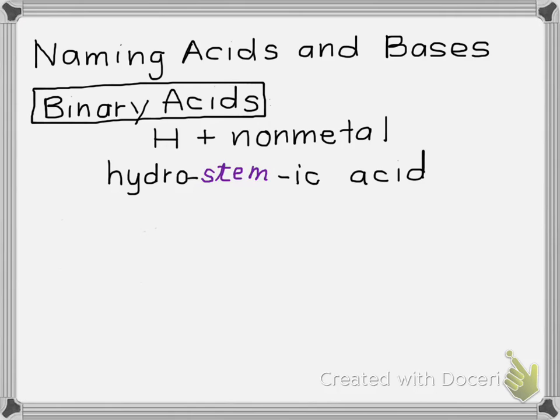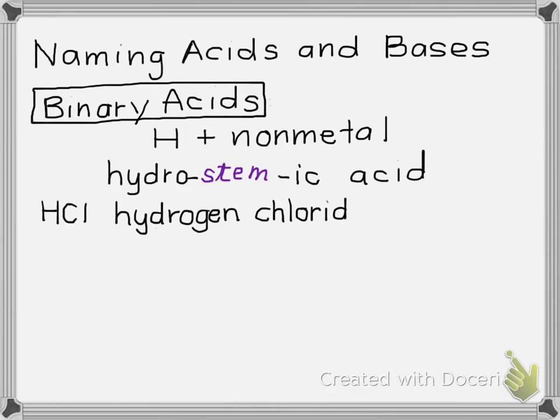Now I want to distinguish something before we go on too much further. If I was doing a problem and it did not identify the compound as an acid, but it just wrote HCl, that would actually just be named like ordinary binary compounds, where the first element is named just with the element name, so this would be hydrogen, and then the second element has the stem of the element name followed by IDE.